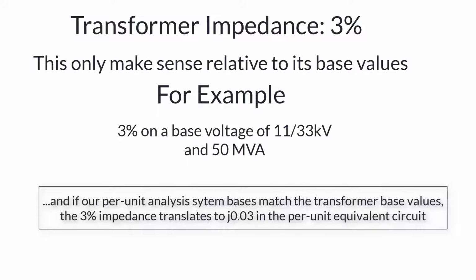Now, if the transformer impedance is 3%, we can put this straight into our per unit equivalent circuit as j0.03. So in a way, per unit has been designed around transformers, and this is a really nice shortcut, but it only works if our system bases match the transformer nameplate base values.